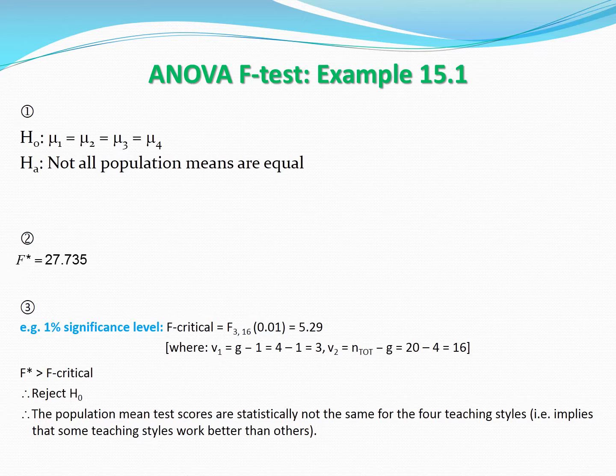So that means that the population mean test scores are statistically not the same for the four teaching styles, which implies that some of the teaching styles work better than the others. And you could also see this from the graph.